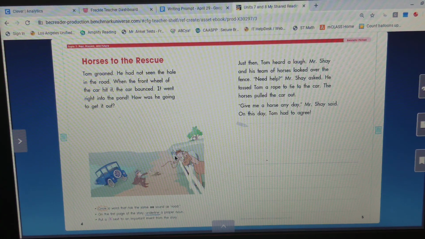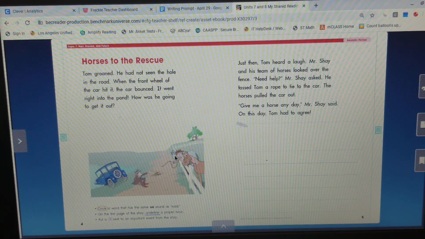If your car breaks down or if you have trouble with your car, you can call a tow truck driver and he will come with his truck and pull the car out or take it to where it needs to go to get fixed. But, boys and girls, this story happened a long time before we had tow trucks.